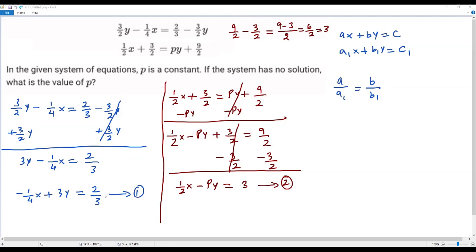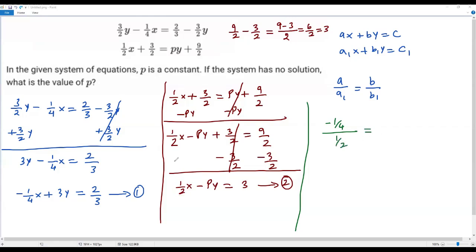As I said already, if the system of two linear equations has no solution and the equations are in standard form, the ratio between the coefficients of x and the ratio between the coefficients of y must be equal. Now let's take the ratio between the coefficients of x. The coefficient of x in the first equation is −1/4, divided by the coefficient of x in the second equation, that is 1/2.